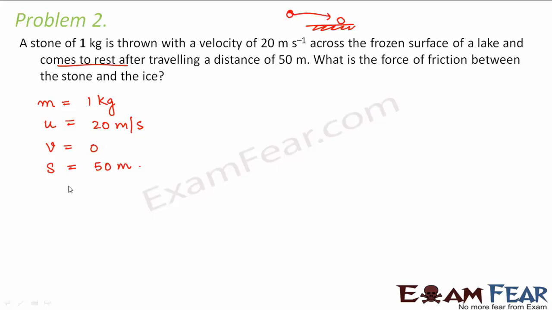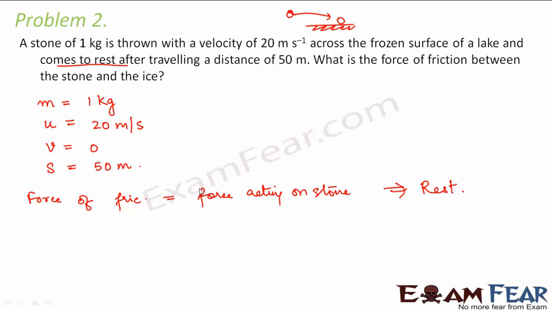So when the force of friction becomes equal to the force acting on the stone, then the stone comes to rest. Correct? So when the force of friction becomes equal to force acting on stone, then it comes to rest.